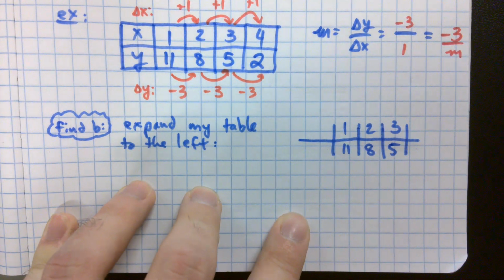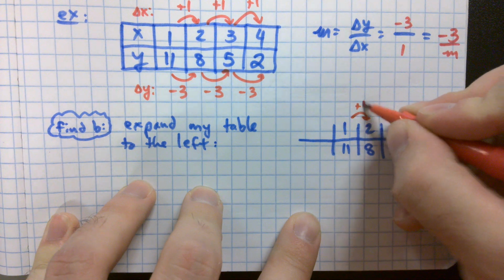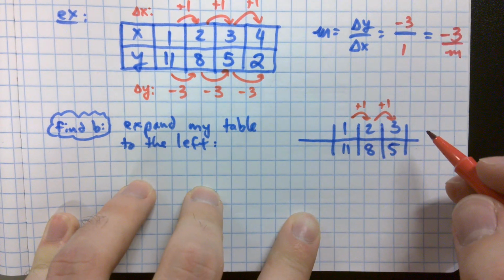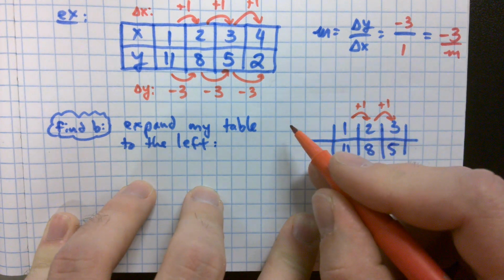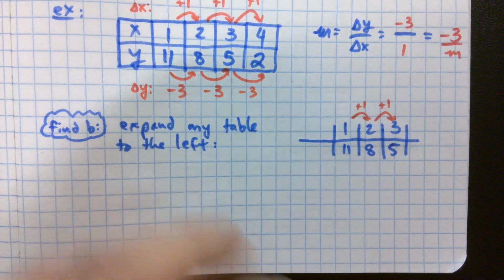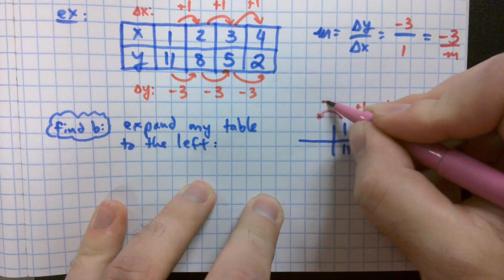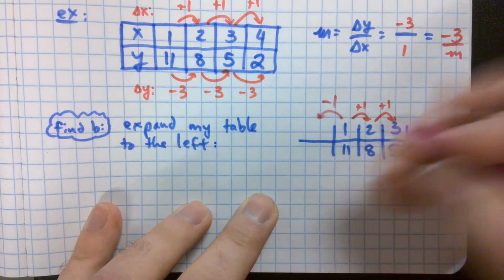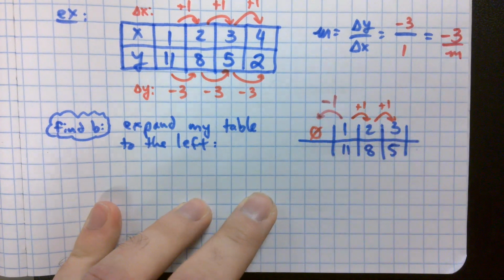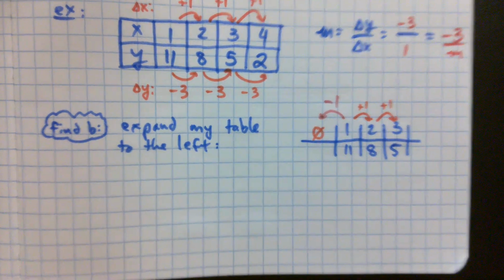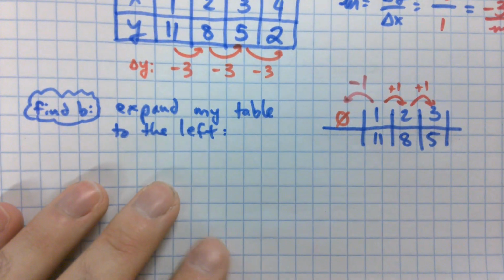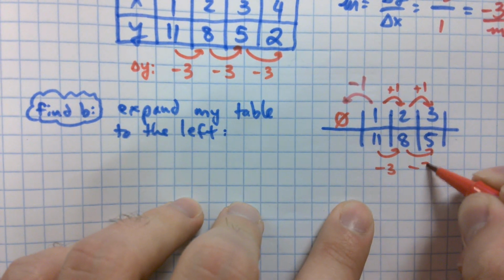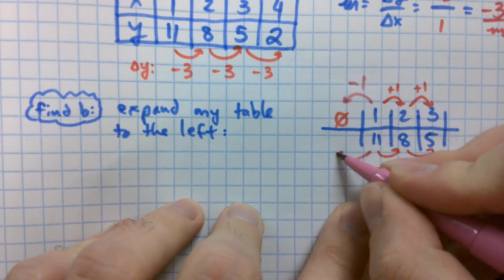So, if we're going plus 1 to the right, we're going to do the opposite going to the left, which would be minus 1, and that would give us an x value of 0. That's what we're looking for. But that doesn't mean our b is 0, because we got to do the opposite of minus 3 on the bottom. What's the opposite of minus 3?